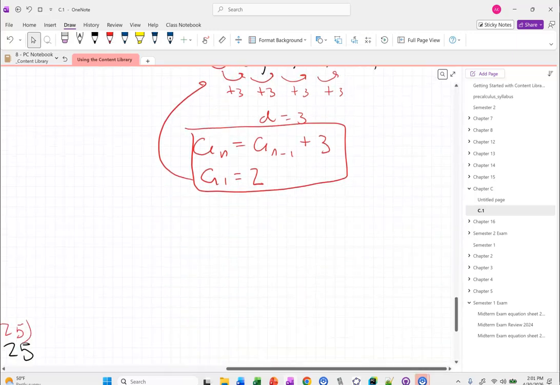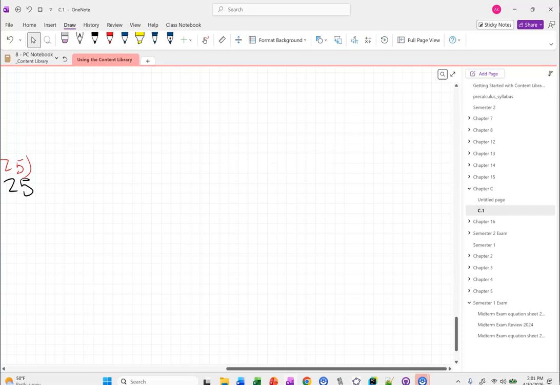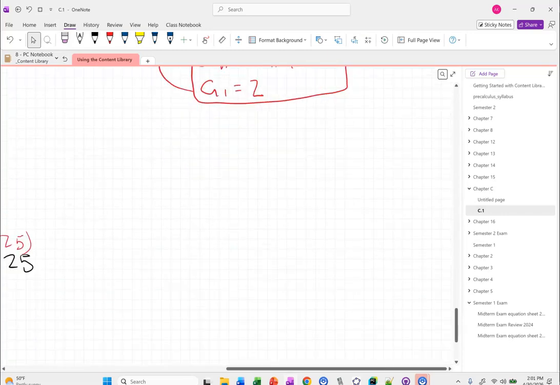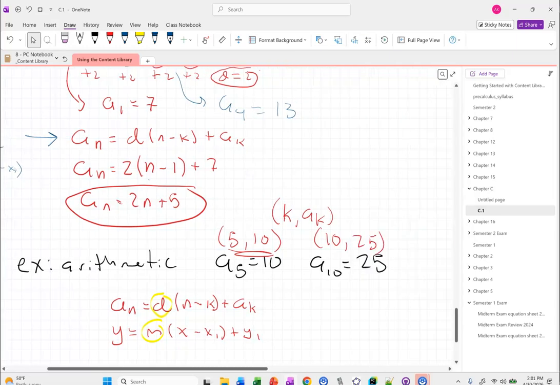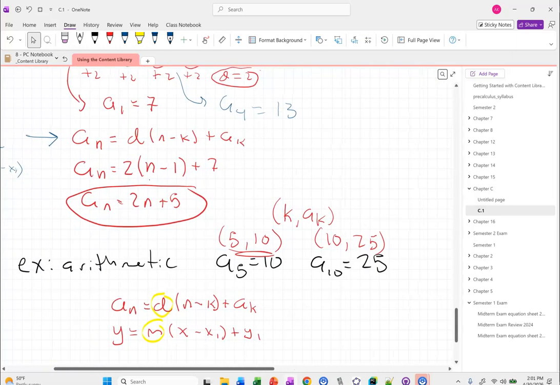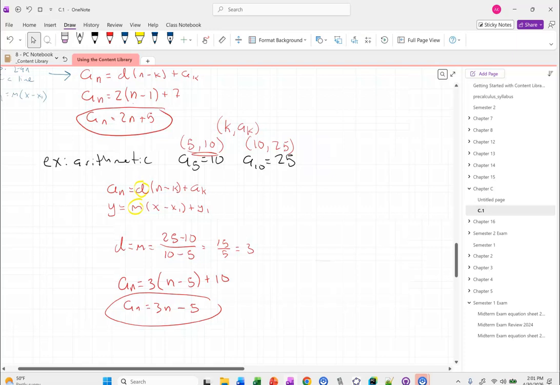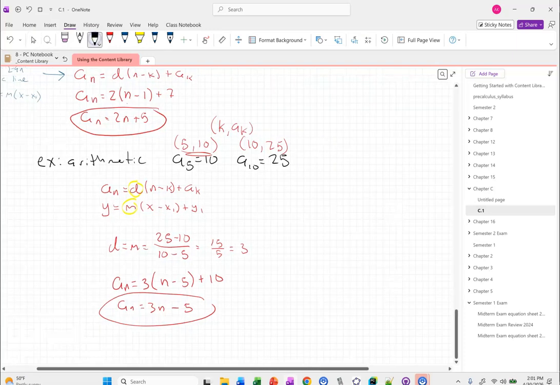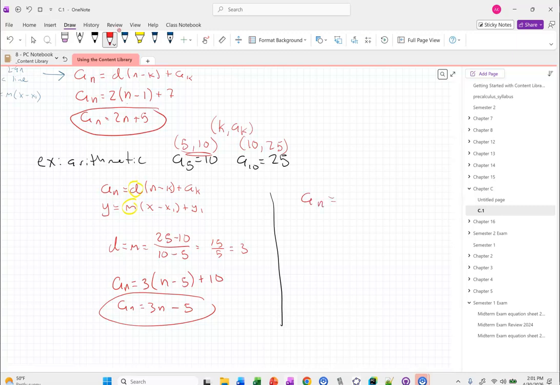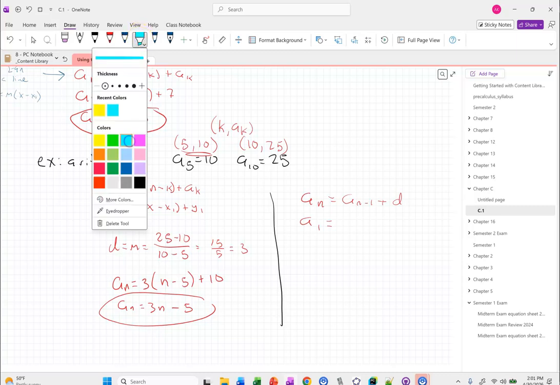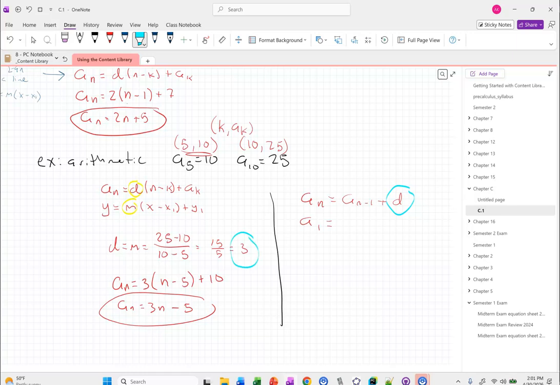Okay. Where it gets a little bit trickier is if I am doing the same thing for this problem. So, to find the d, I got that, right?